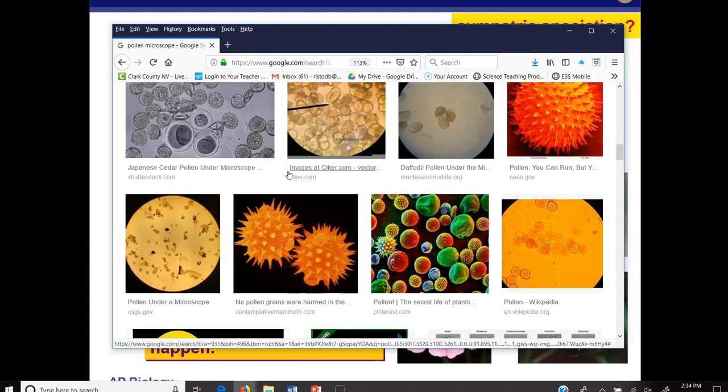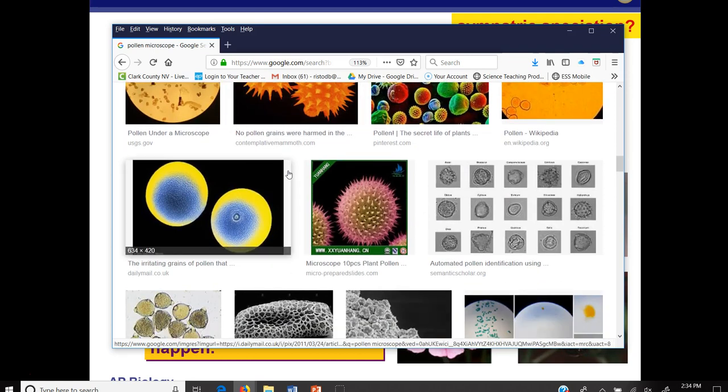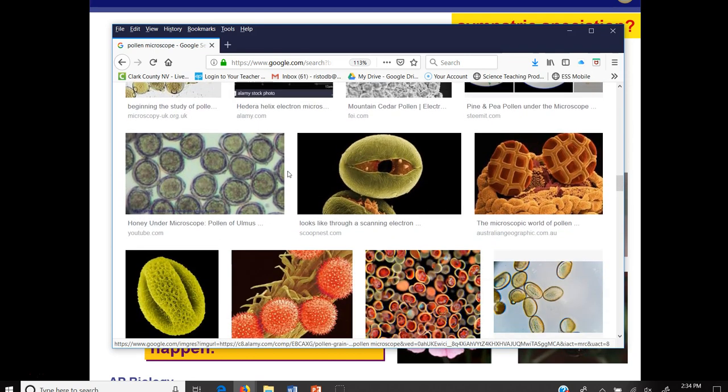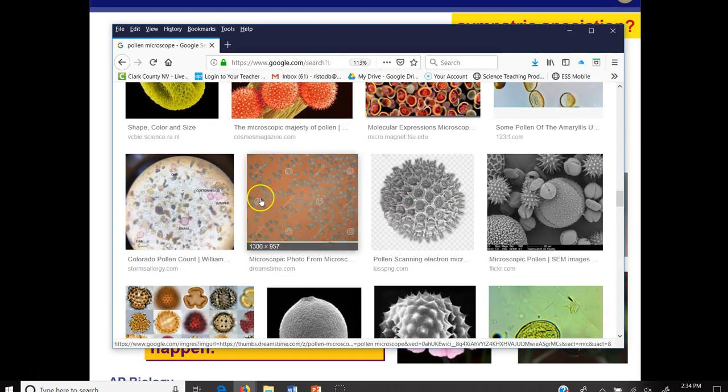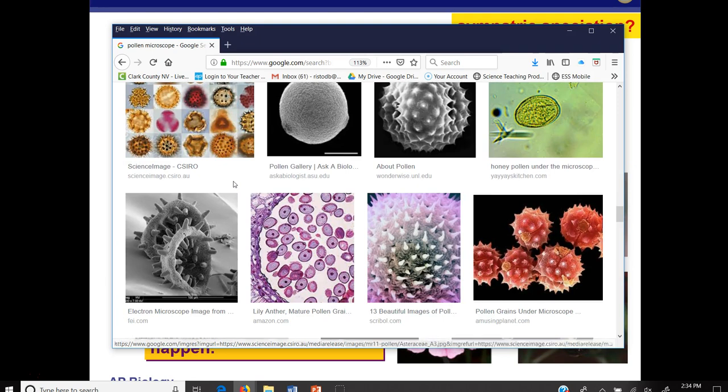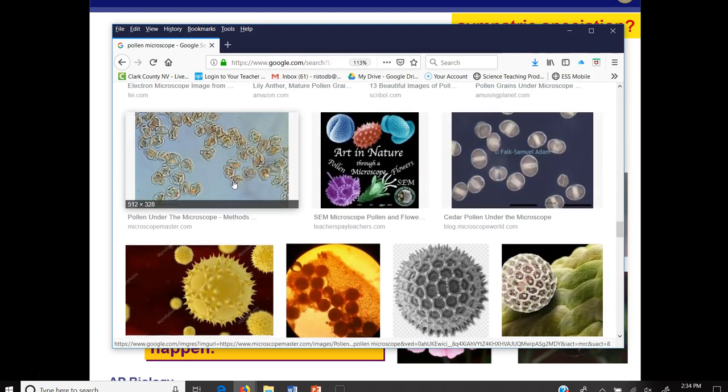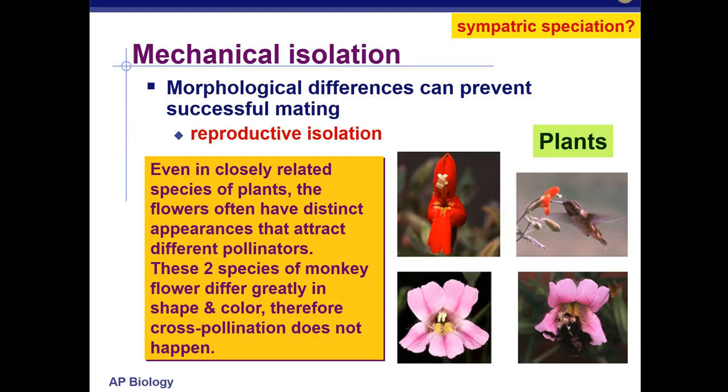And I know we didn't talk about it much here in class, but pollen is basically plant sperm. So if these don't have the right shape, they're not going to fertilize the egg, because you change the shape, you change the function.